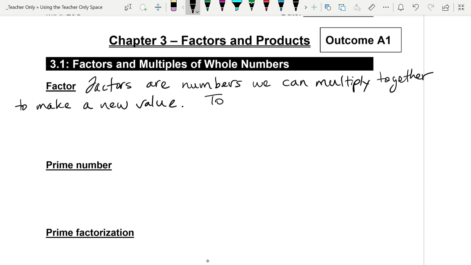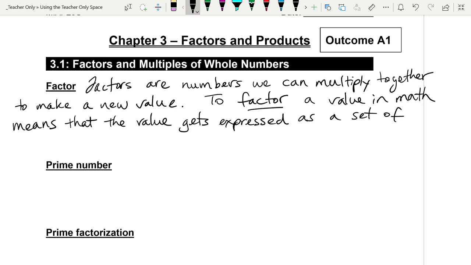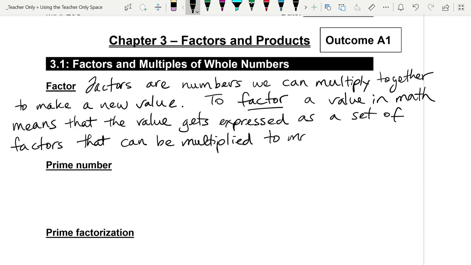So to factor a value in math means that the value gets expressed as a set of factors that can be multiplied to make the original value.